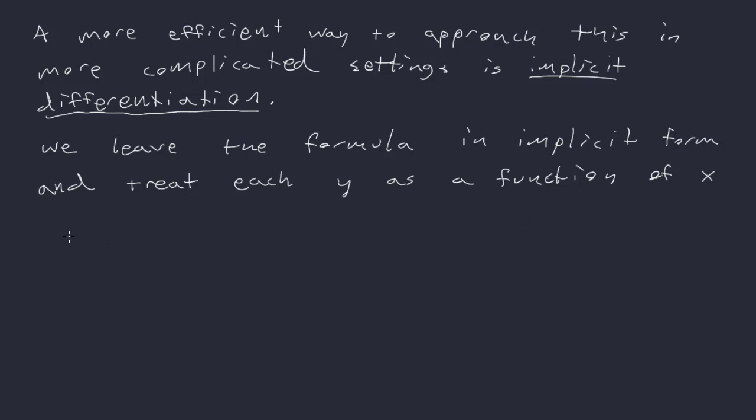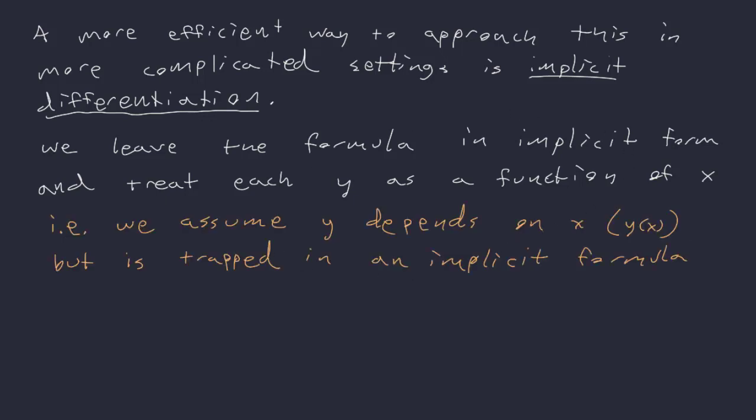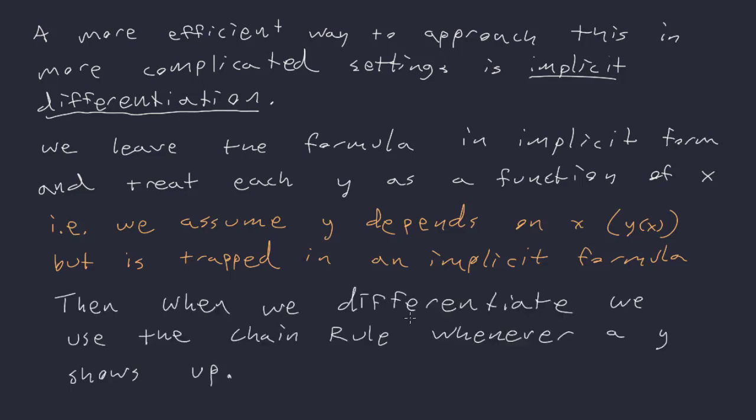In fact, we are assuming that y depends on x, yet is trapped in this implicit formula. Then we differentiate, treating y as a function of x. So in other words, we use the chain rule anytime a y derivative shows up.